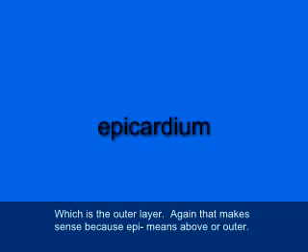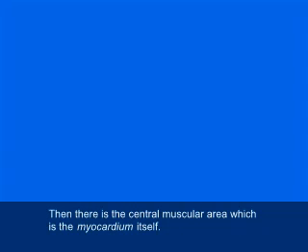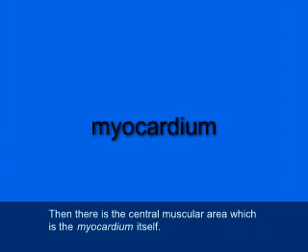Now the heart itself actually has three layers to its muscular tissue. First of all, there's the epicardium, E-P-I-C-A-R-D-I-U-M, which is the outer layer. And again, that makes sense because epi would mean above or outer. Then there's the central muscular area, which is the myocardium itself, M-Y-O-C-A-R-D-I-U-M.